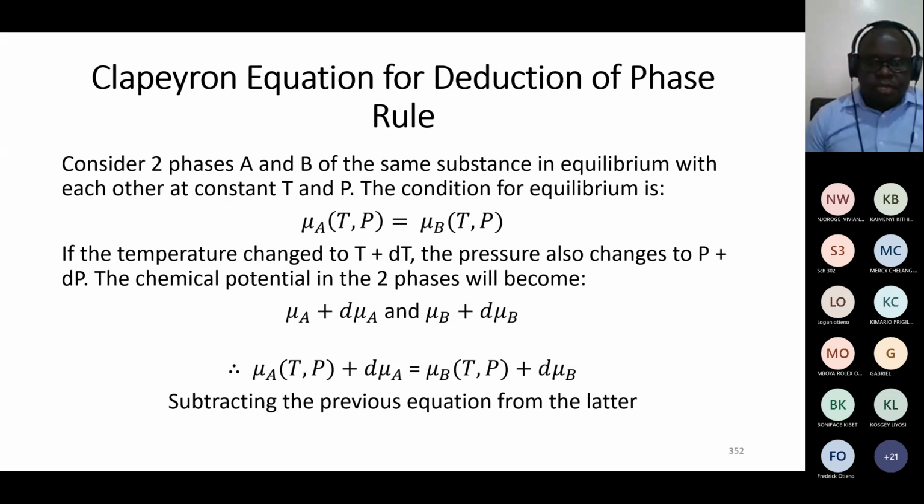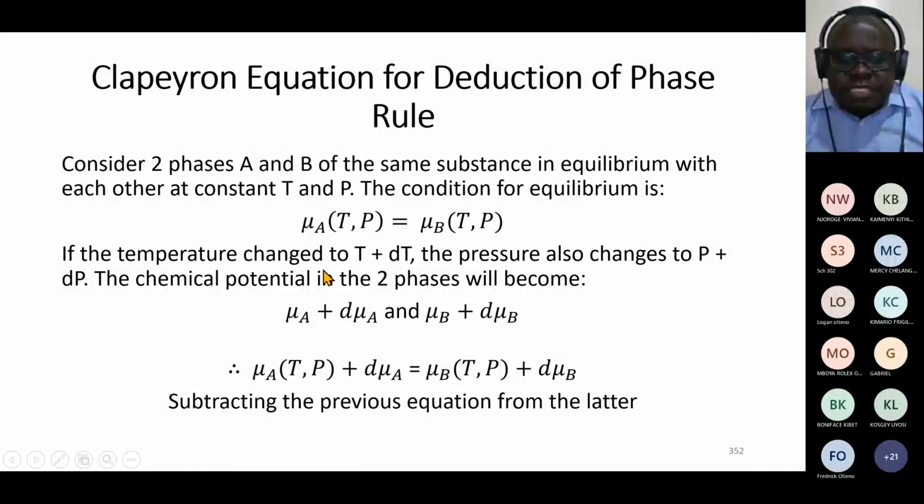So you have one component, in equilibrium with each other at constant temperature and pressure. The condition for equilibrium is that the chemical potential in phase A equals the chemical potential in phase B.